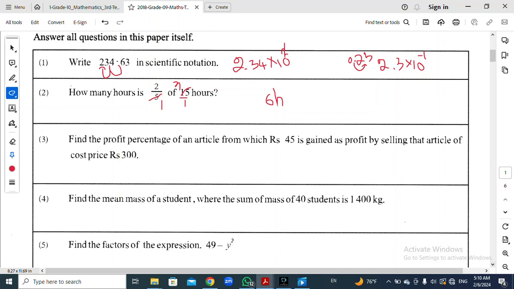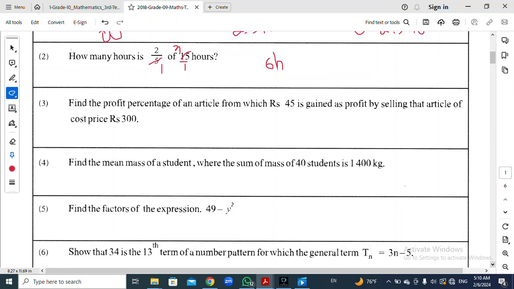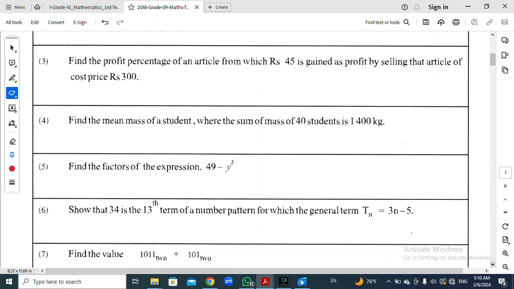Okay, and the next one, find the profit percentage of an article from which Rs 45 is gained as profit by selling that article of cost price 300. Normally you see, for 300 the profit is 45.